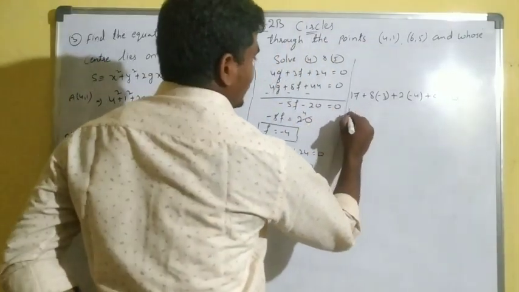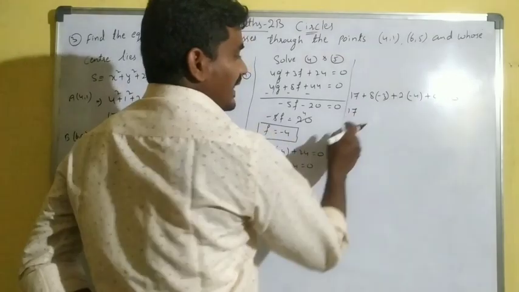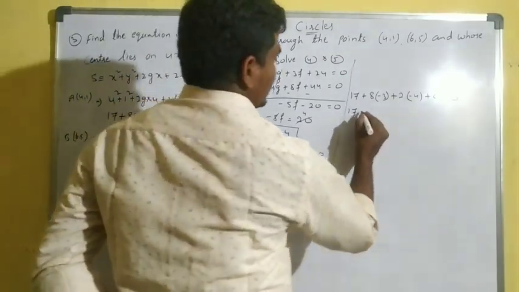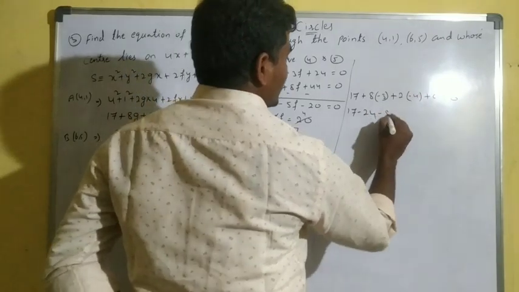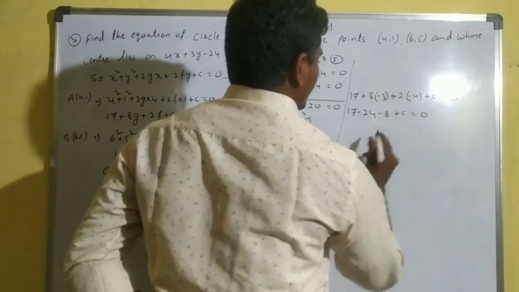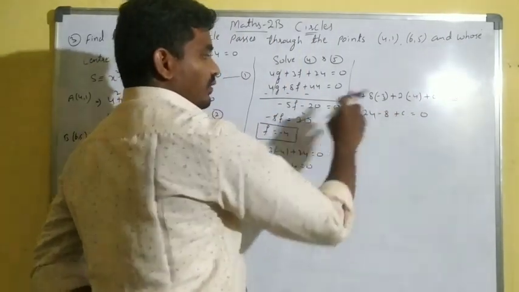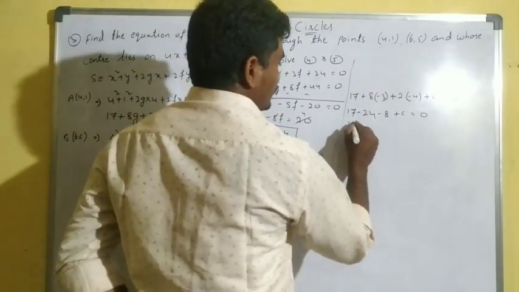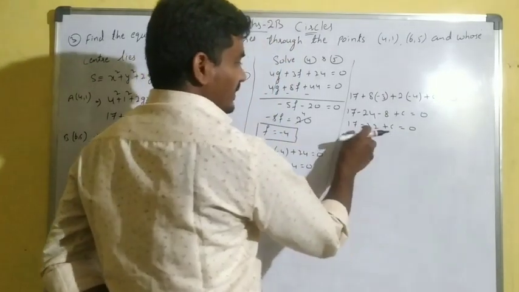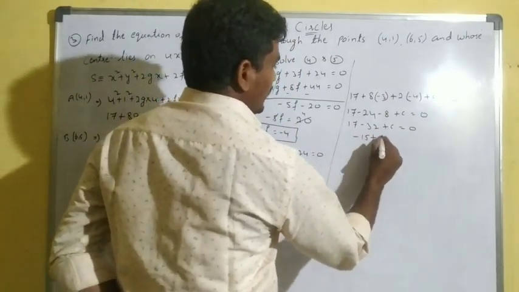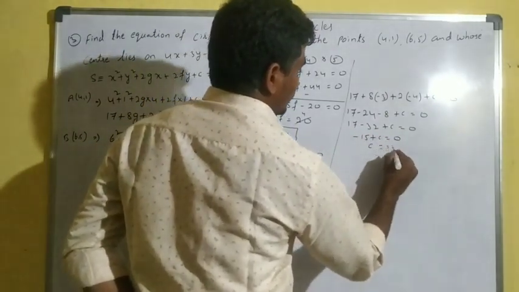This becomes 17, and 8 times minus 3 is minus 24. 2 times 4 is minus 8 plus c equals 0. Minus 24 minus 8 is minus 32. 17 minus 32 plus c equals 0, and this becomes minus 15 plus c equals 0. Finally c equals 15.